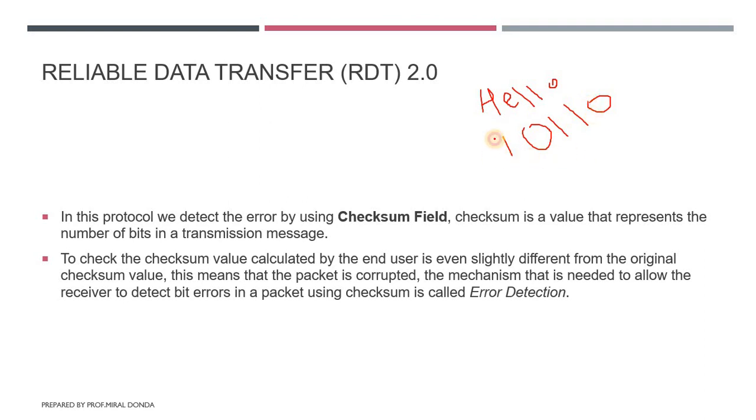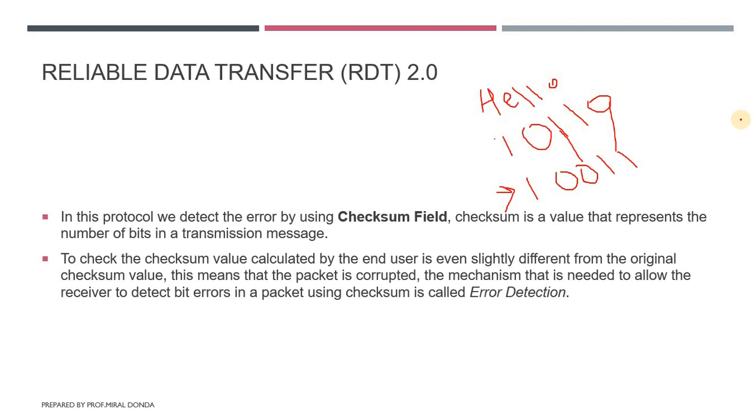This is the original message. Now at the receiver side, the received message is something like 10011. We can see that bits are changed, 1 becomes 0 and 0 becomes 1. That change is called a bit error, and we can check it using the checksum field.